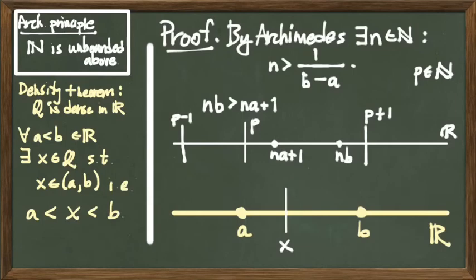Now, if we've chosen p to be the rounding down of na plus 1 to the next nearest natural number, then if I subtract 1 from na plus 1, where is it going to land? If I subtract 1 from this number, it's going to land on the opposite side of p. So in other words, na plus 1 minus 1, which is na, is going to be over here somewhere. It's going to be between p minus 1 and p.